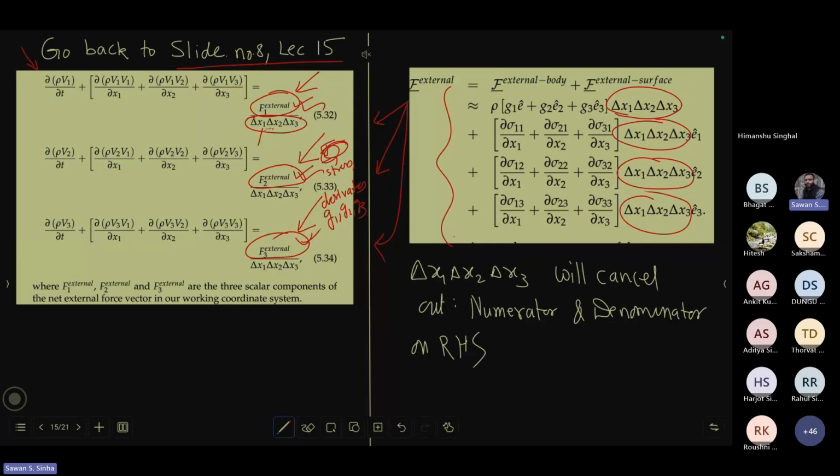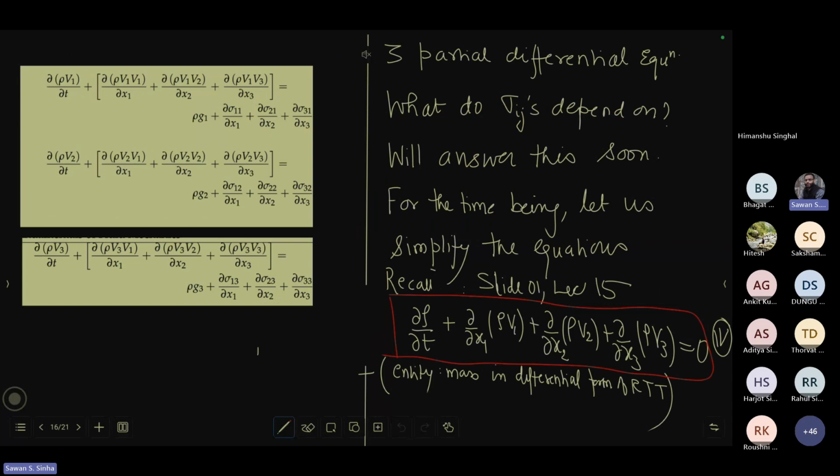I start with the control volume, but the characteristics of the control volume vanish, giving me an equation which involves quantities only at Q, only at the centroid of the control volume. The dimensions of the control volume do not matter.